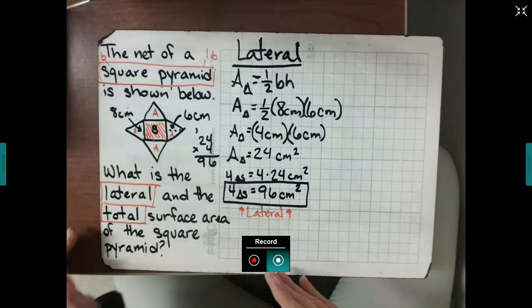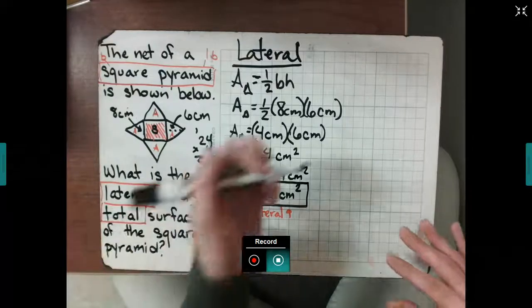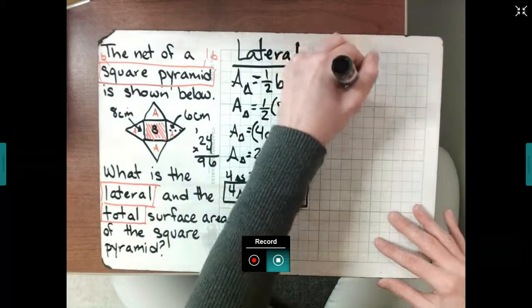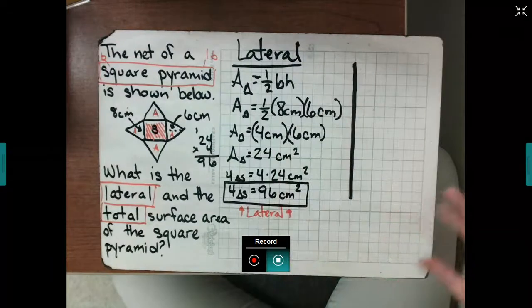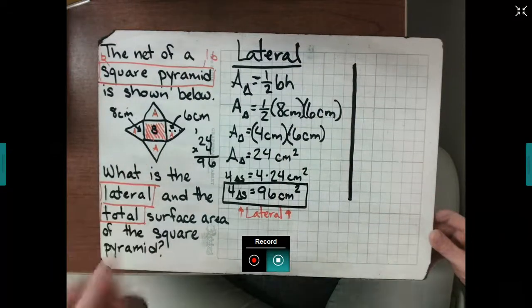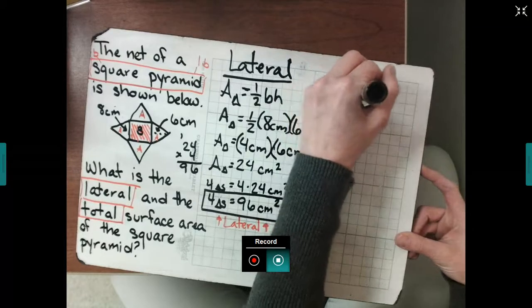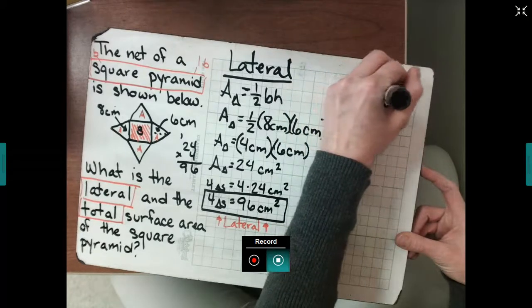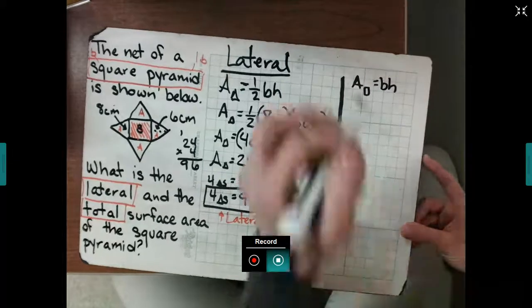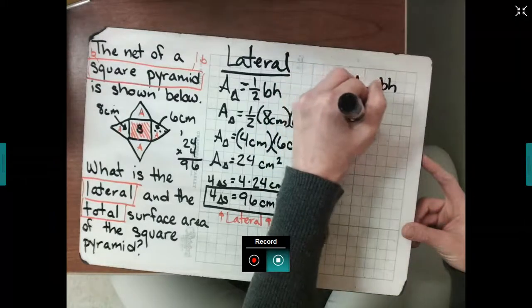So now that I've solved for the lateral, I'm going to find the total surface area. And the only thing left to include is my base, right? And my base is a square, so I know that the formula for area of a square is base times height, right? So I'm going to plug in here.